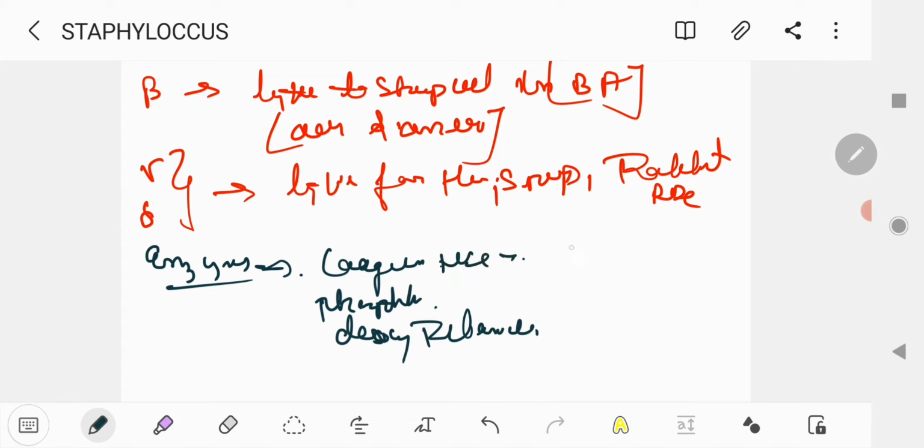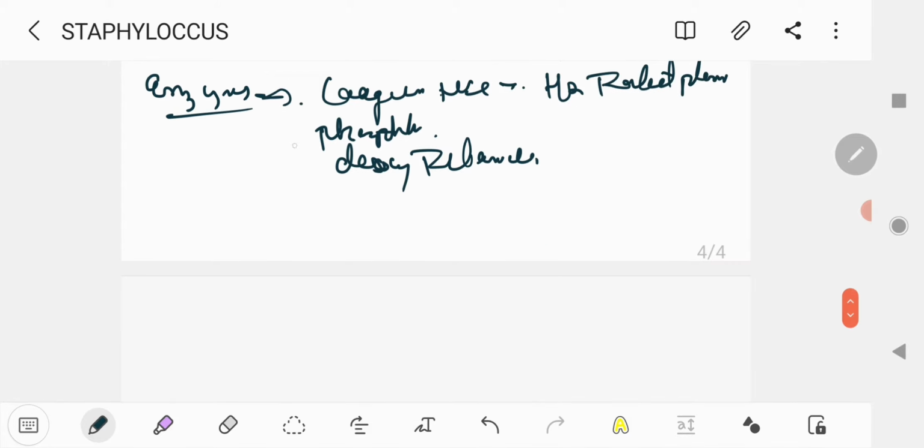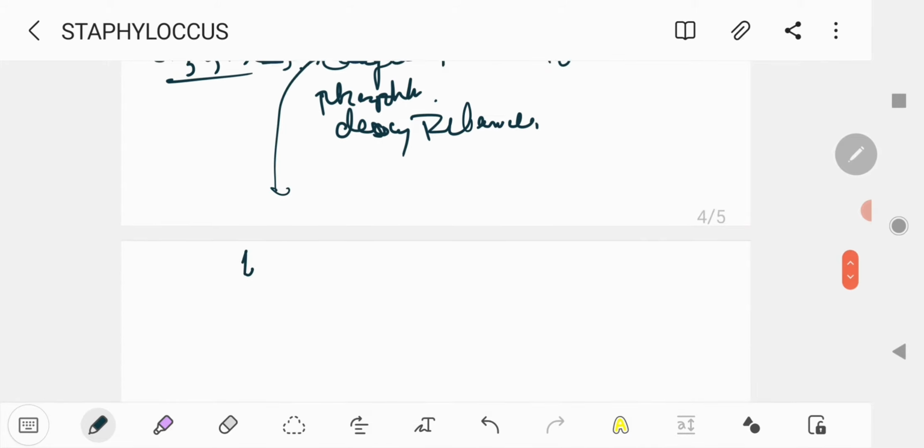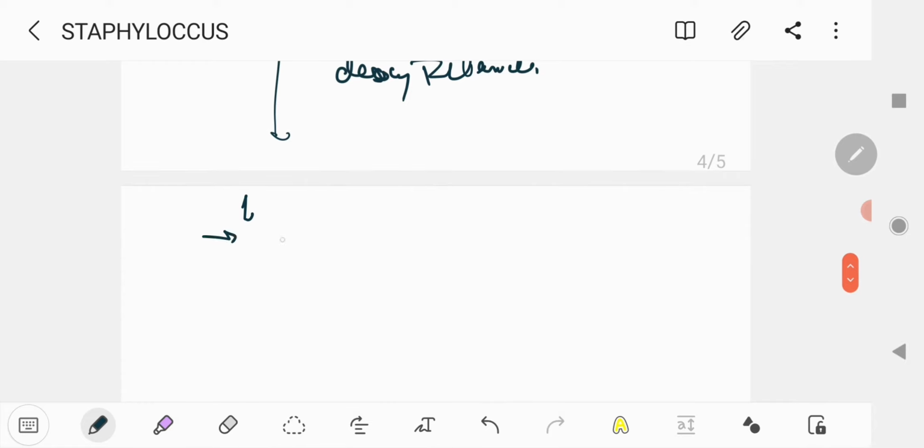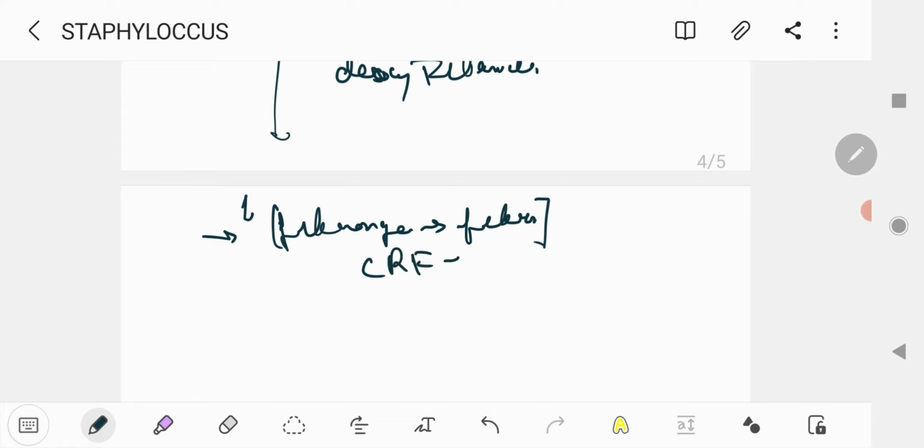So normally it coagulates human and rabbit plasma. Okay, it coagulates the human and rabbit plasma. Basically it does this by inhibition of conversion of fibrinogen into fibrin, and deactivation of CRF, which is coagulase reacting factor.